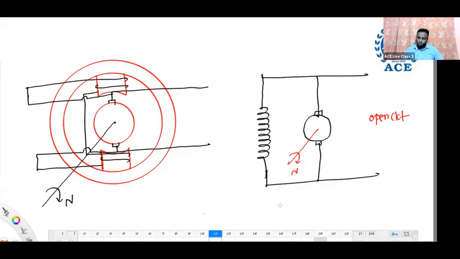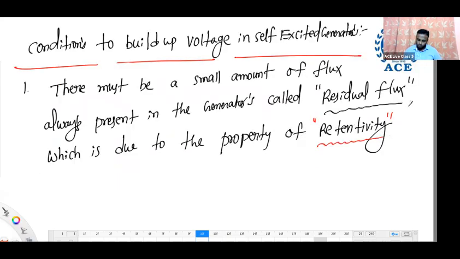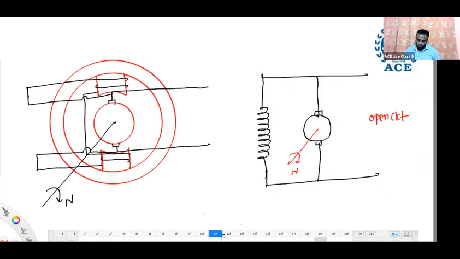That is one property of the material. Yes, all should have that property.